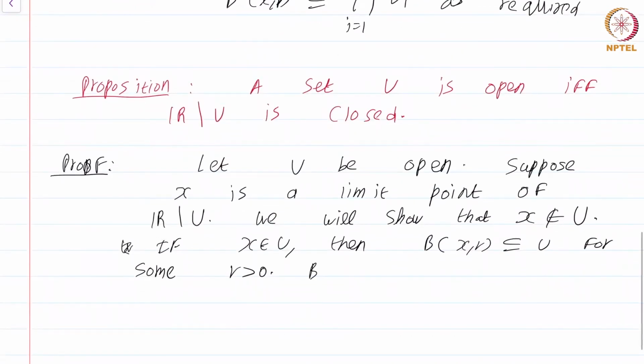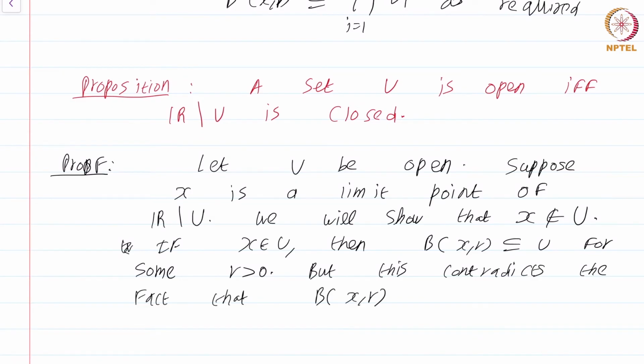But this contradicts the fact that B(X, r) intersect R minus U is non-empty, right? Because X is an adherent point, in fact a limit point, B(X, r) intersect R minus U must be non-empty for all choices of r, but we have found an r for which B(X, r) is contained in U.